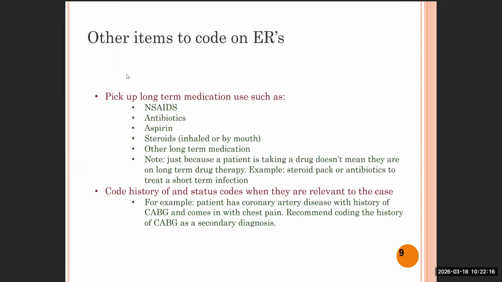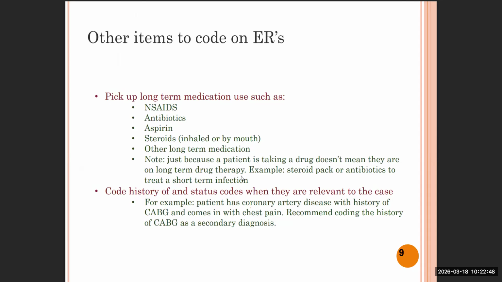Okay. Pick up long-term medication use such as NSAIDs, which are used for a long time, antibiotics, aspirin, steroids, inhaled or by mouth. Other long-term medication also we can code with the ICD code for long-term use. Note, just because a patient is taking a drug does not mean they are on long-term drug therapy.